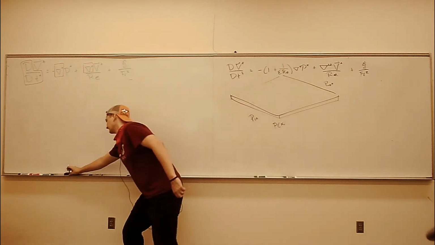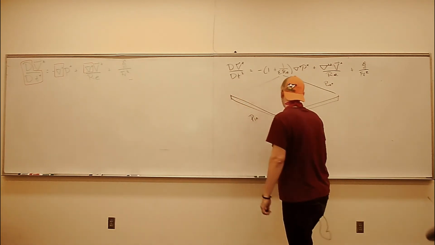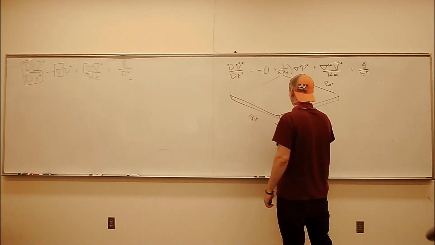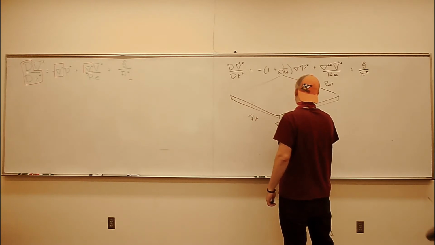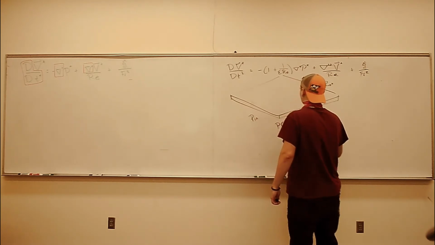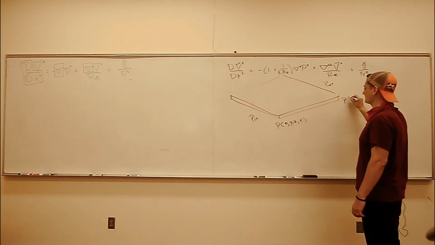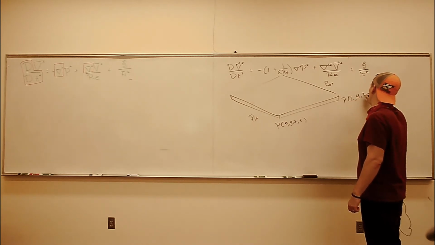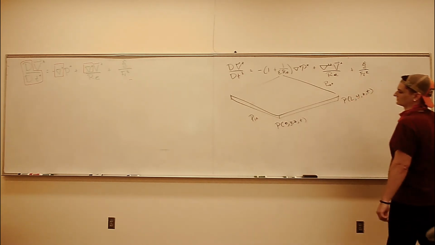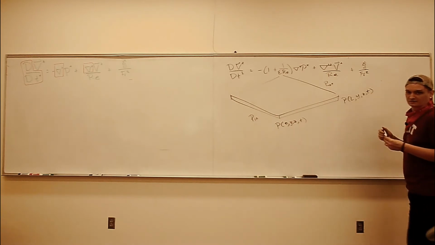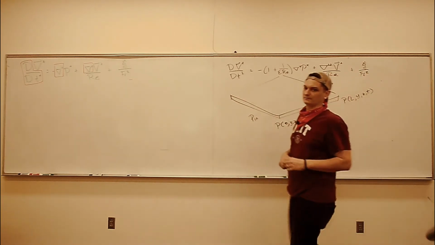Sorry, it's in the x direction, right? So we can define a pressure at x equal to 0, all y, z, and t even. And then I can define a pressure here, right? So there are boundary conditions, let's say, on pressure, and they could be very large or very small.